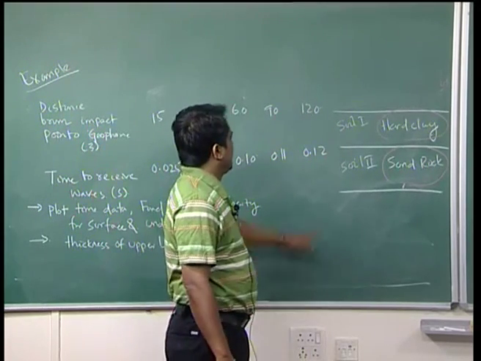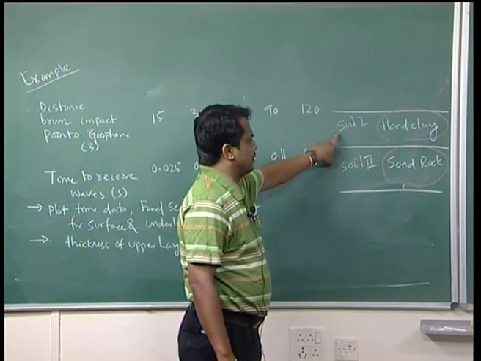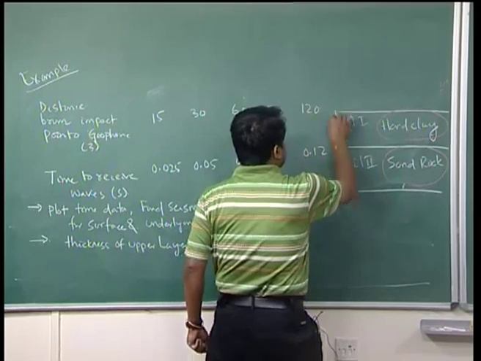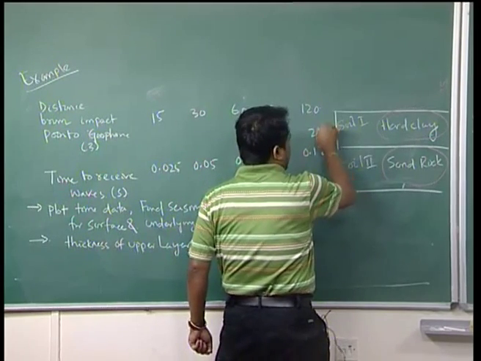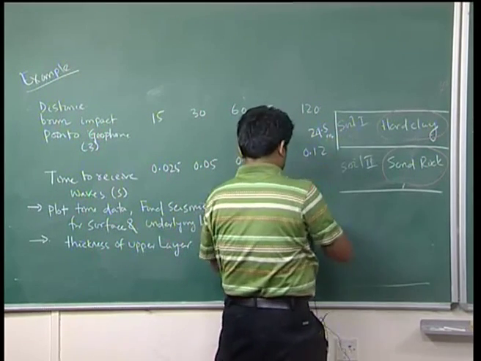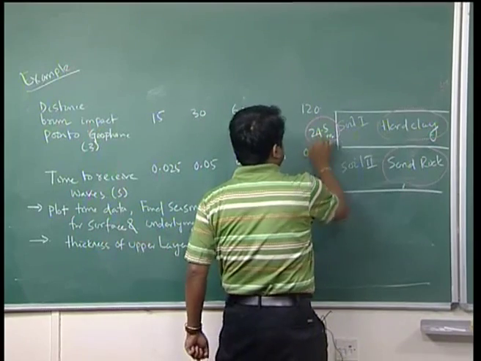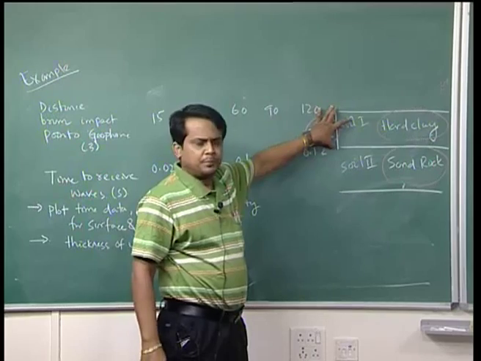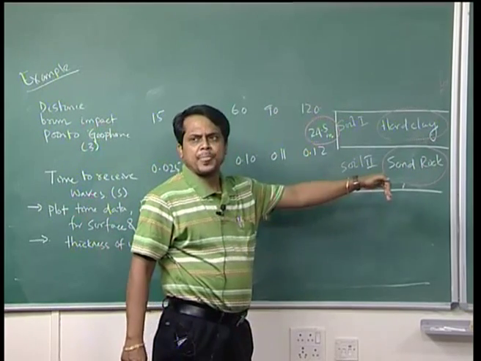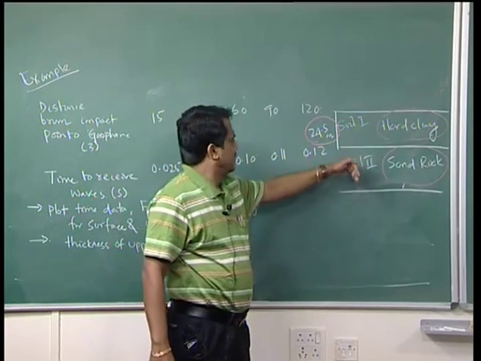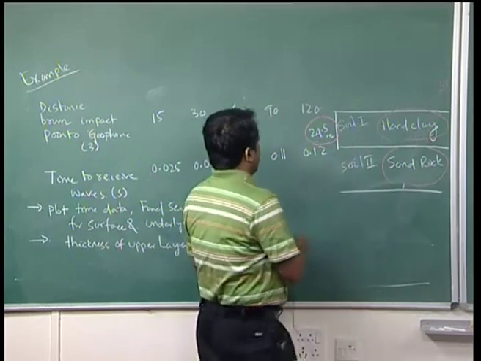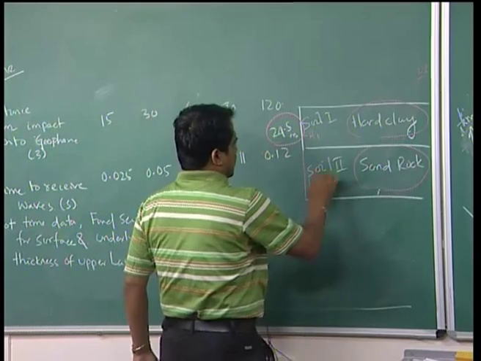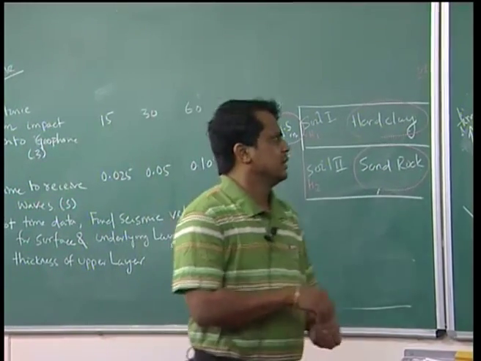Then for soil 1, layer 1 and layer 2, the thickness can be found. The first layer thickness is 24.5 meter. Once you find this thickness, you can say that up to this thickness hard clay is there, and beyond this it refracted. So, H1 and H2 you can easily find, as well as what kind of material is there inside.